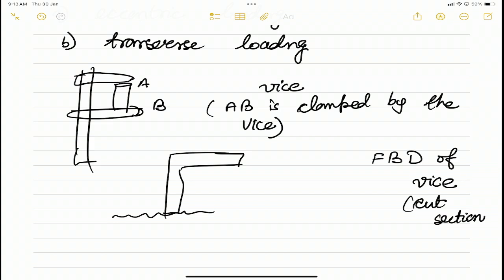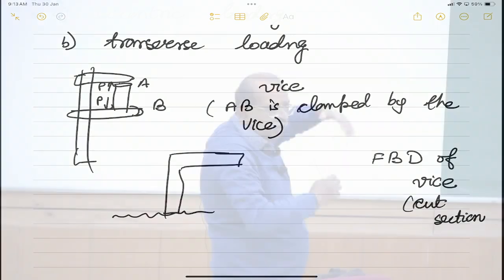So if I draw the free body diagram of a cut section of the vice, then on this part, when AB is being compressed, it will exert a force P on the vice.